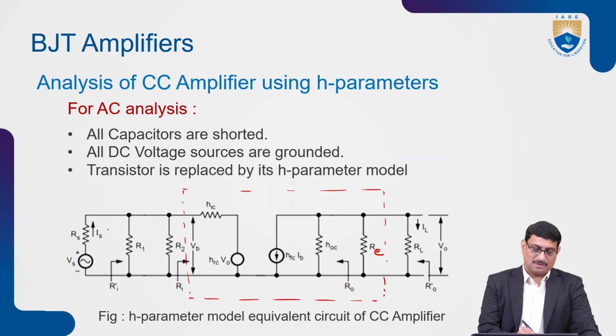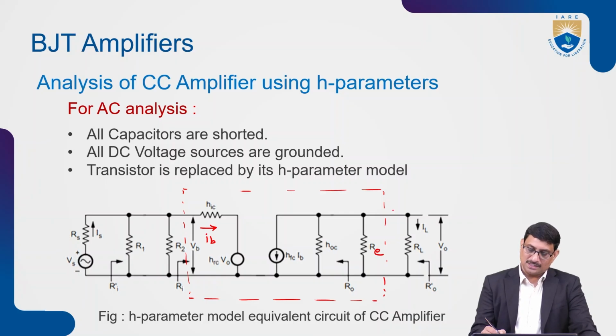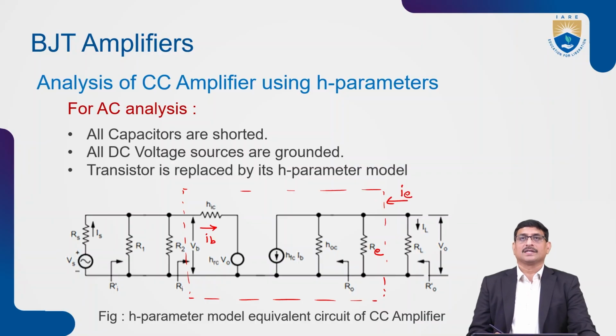The capacitor C1 is replaced by a short, and R1 in parallel with R2 appears at the input side. For the transistor, the base is the input terminal, VB is the input voltage and IB is the input current. The emitter is the output terminal, therefore IE is the output current.